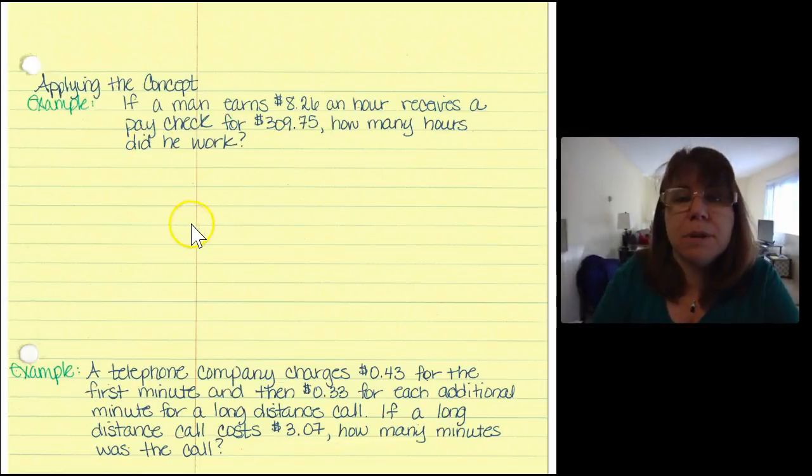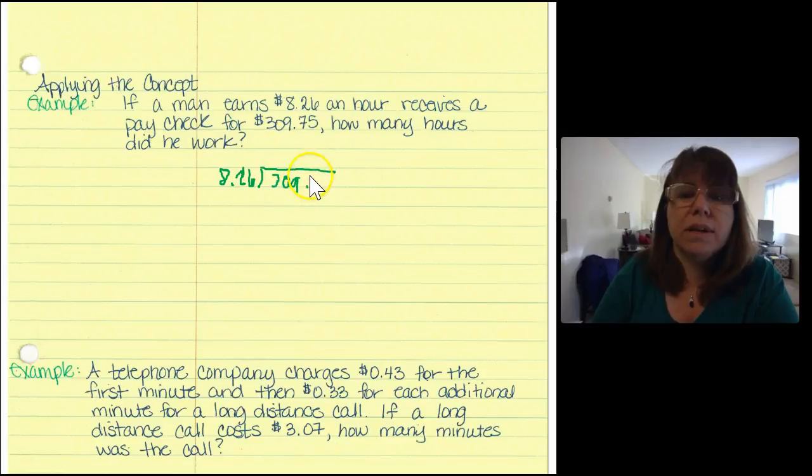Let's set up the problem. 8.26 divided into 309.75. And I'm just going to tack on a few zeros just in case we need them.